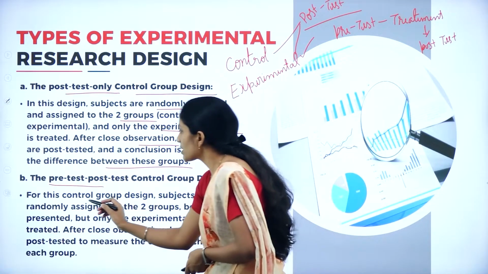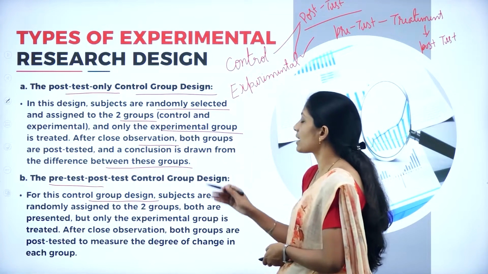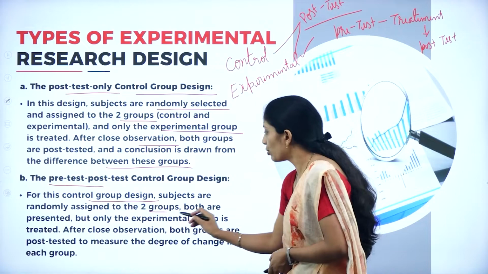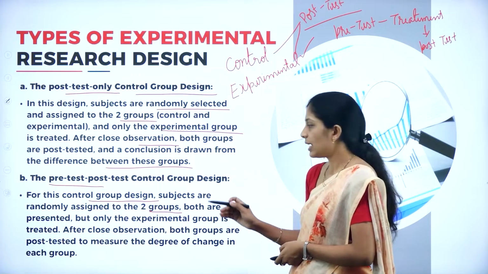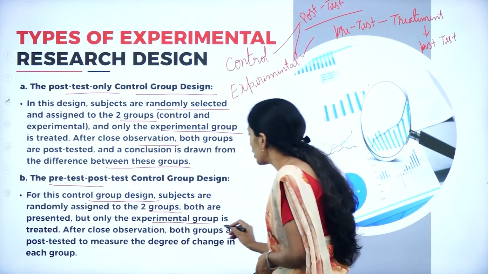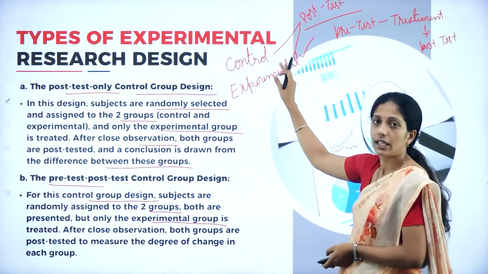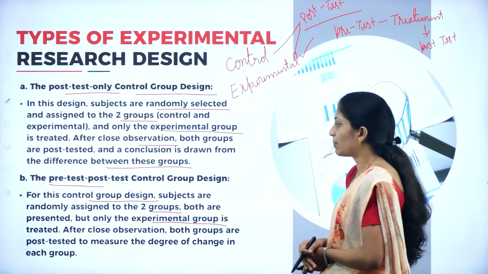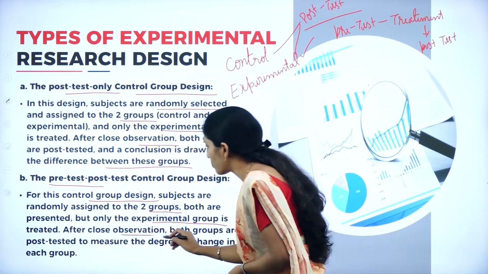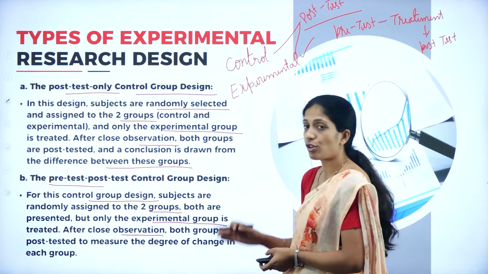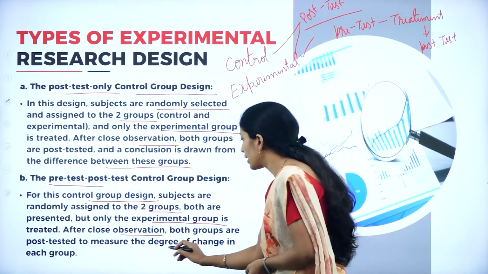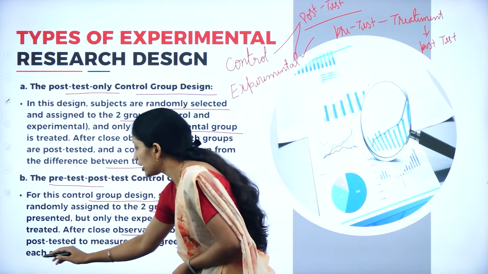For this control group design, subjects are randomly assigned to the two groups, both are pre-tested, but only the experimental group is treated. So here also they are going to treat only the experimental group. After close observation, both groups are post-tested to measure the degree of changes in each group.